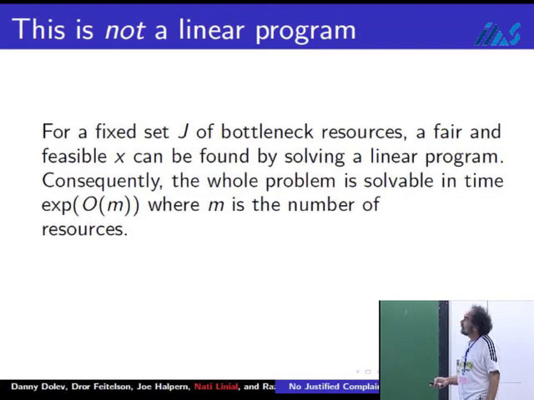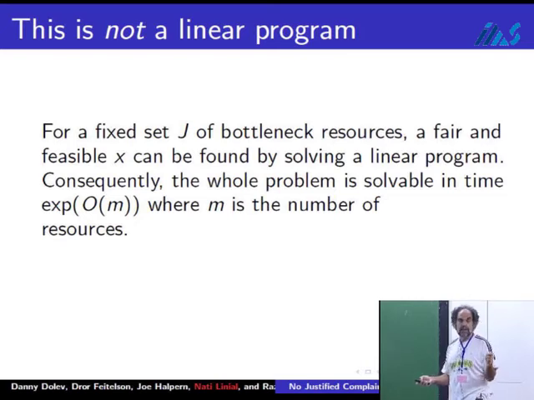Okay. So if you're like myself and you've done a lot of linear programming, this looks very much like a linear program, and it's very natural to try and use the machinery in linear optimization to somehow solve the problem this way. But this is not. So the point is this.